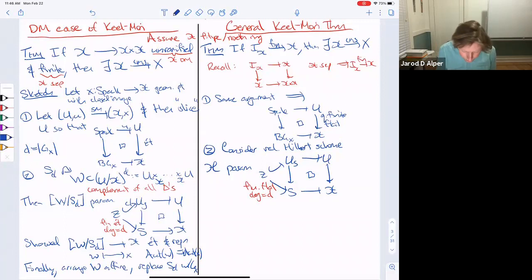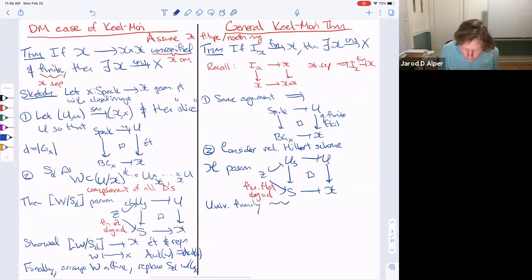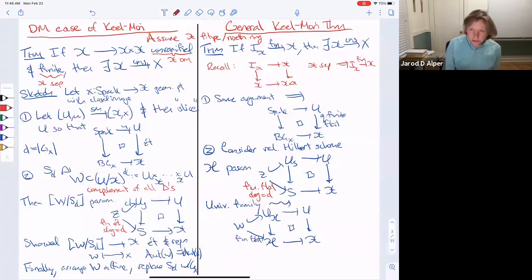And then once you have this, the universal family of the Hilbert scheme gives a morphism from H to X, as well as a closed subscheme of the fiber product, let's call that W, such that this map is finite flat. And note that since U to X is representable, W is a scheme, and you can even arrange it to be affine.